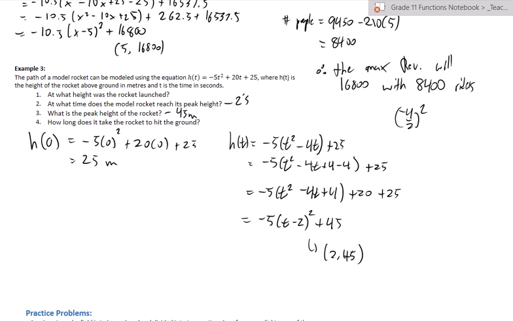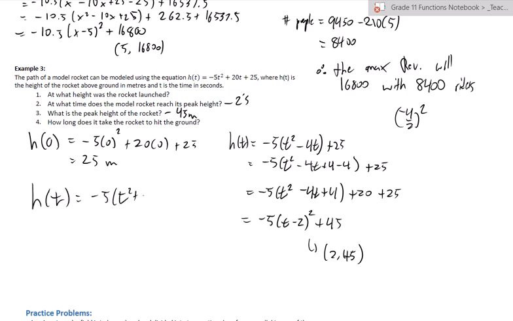Finally, how long does it take the rocket to hit the ground? So now we have to find the roots. The roots tell us when the height equals 0, which is ground level. So we have to factor this. So h of t equals, and we're going to factor out -5 right away.